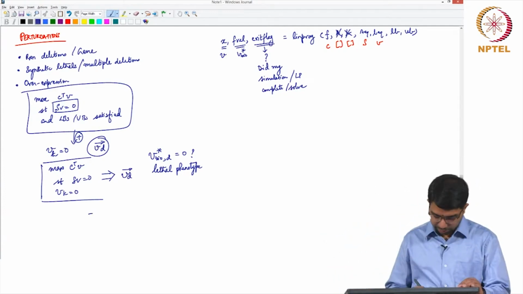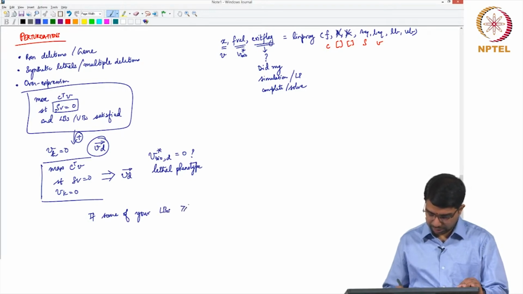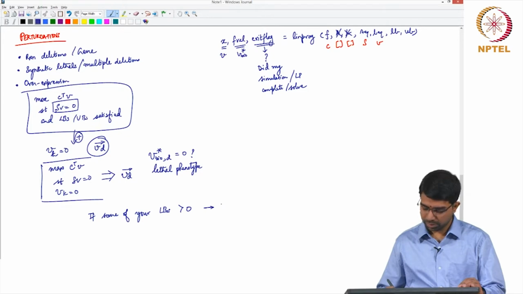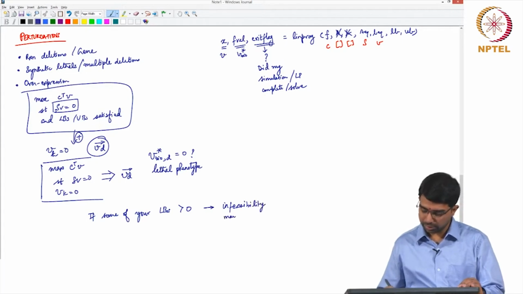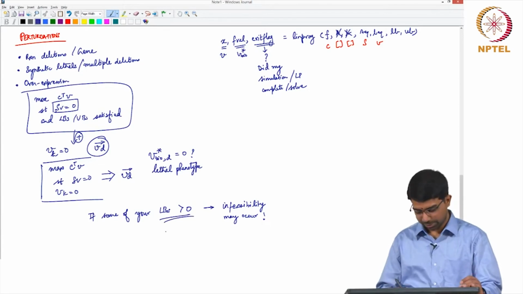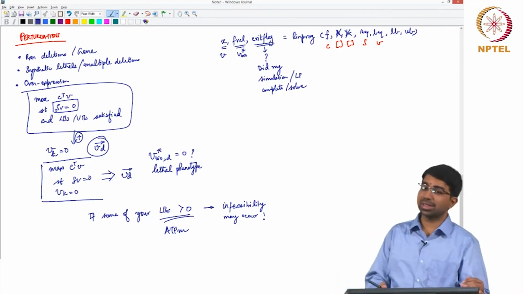So, if some of your LBs are greater than 0, infeasibility may occur. Classic example for this, ATPM.